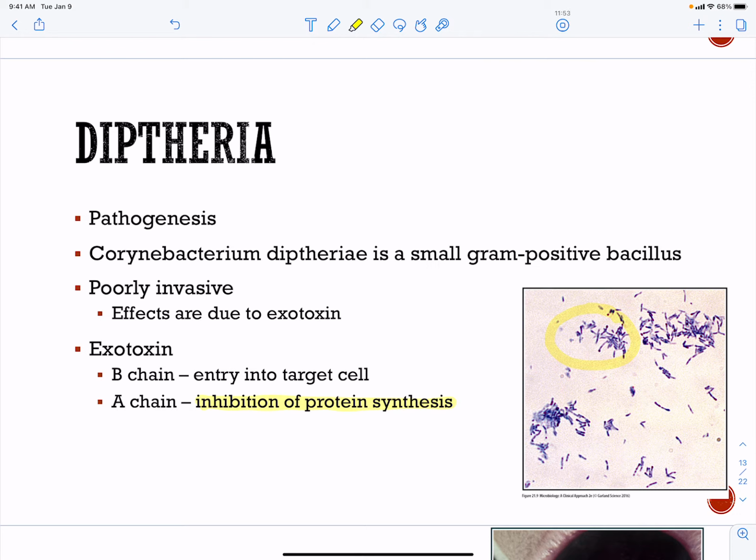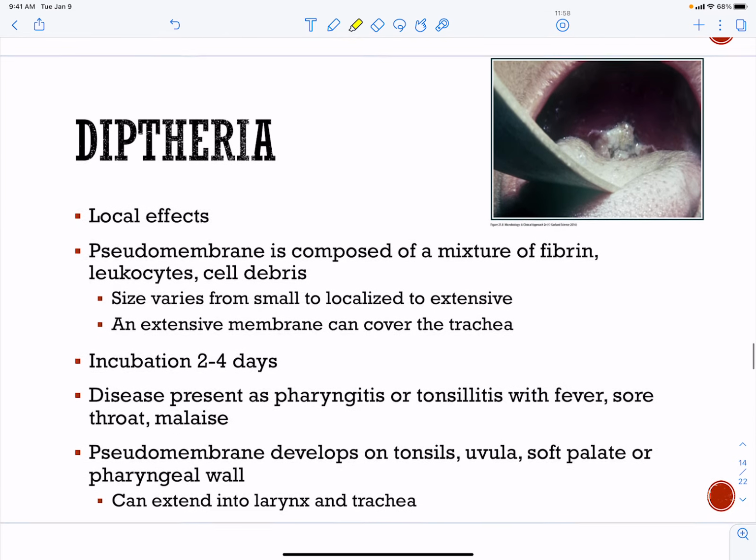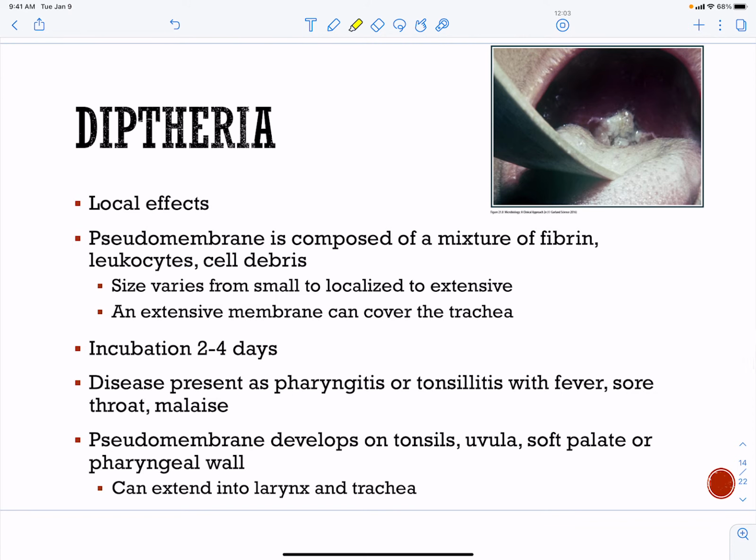And so this is a very toxic exotoxin that can affect many different organs, even if the bacteria stays localized. So diphtheria is also going to have a pseudomembrane, and this is going to be where the bacteria is colonizing. So you're going to get a lot of your immune system, death of cells that are being infected by the bacterium.